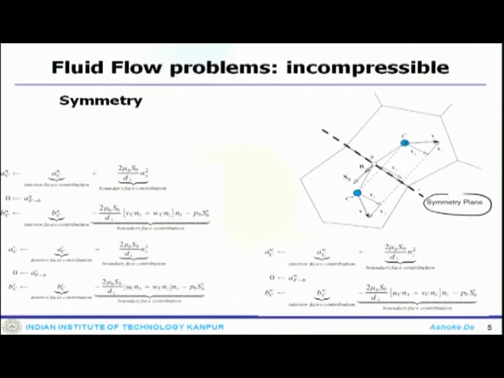So, in physical understanding, before we go into the mathematics, whatever value you have, this will be exactly the same, that is how the symmetry is maintained, and if the symmetry is maintained, then along this line the gradient is going to be essentially 0. So, for any variable here, if it is maintained to be symmetric, del phi by del n has to be 0, that is the gradient which is not going to contribute anything.